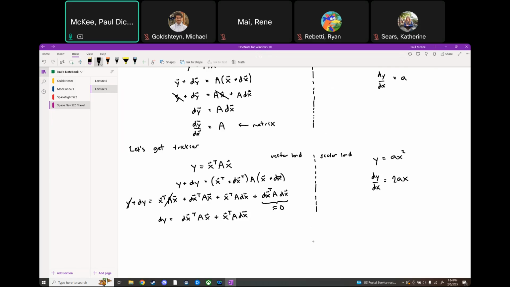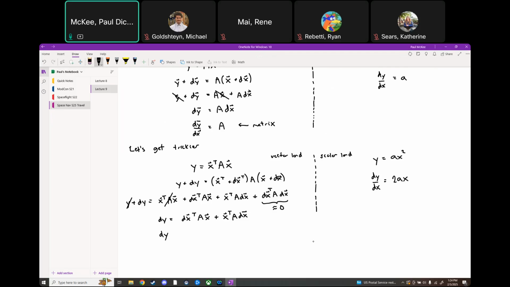Remember that when you have something like A transpose B, that's the same thing as B transpose A. And if you have A transpose capital B C, that's the same thing as C transpose B transpose A, right? Well, these are just simple matrix multiplication rules. So we're gonna play a little transpose game here.